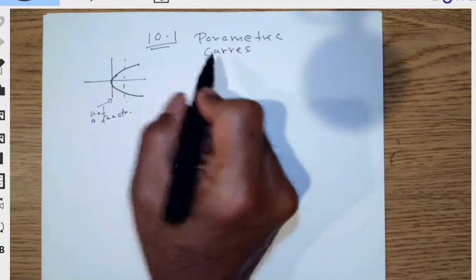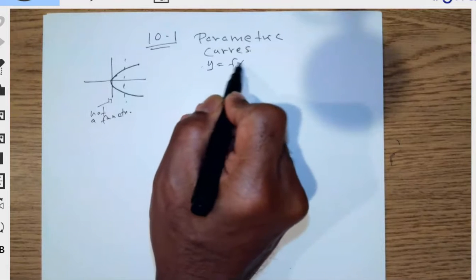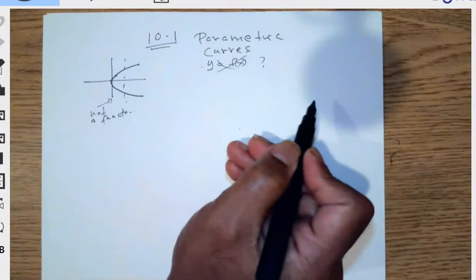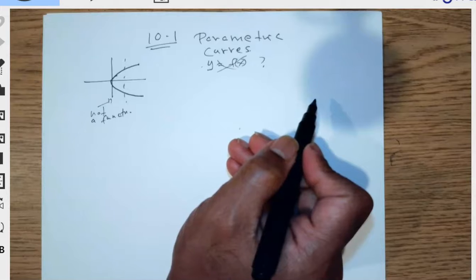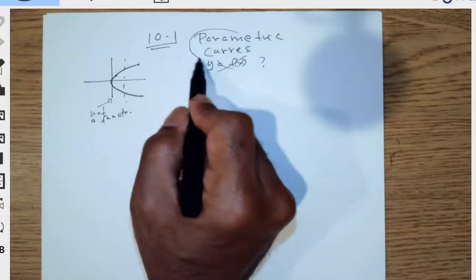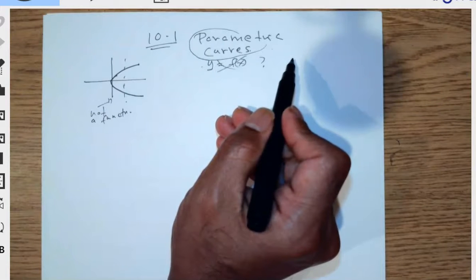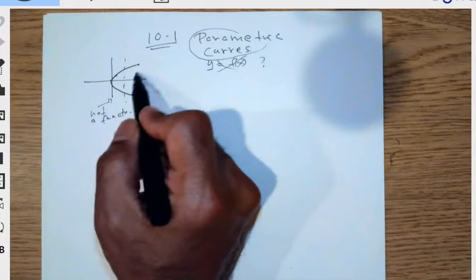We need y as an honest function f of x, but we don't have it here. So that's one logic for parametric curves.